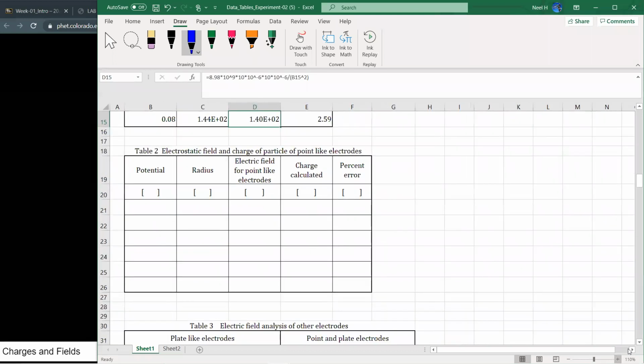All right, so that's the plan. In our table number 2, we'll set up a point-like electrode, and by using the potential around that point-like electrode, we'll try to calculate the electric field. By calculating the electric field, we can do one other thing.